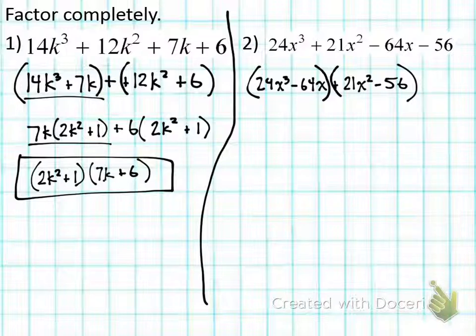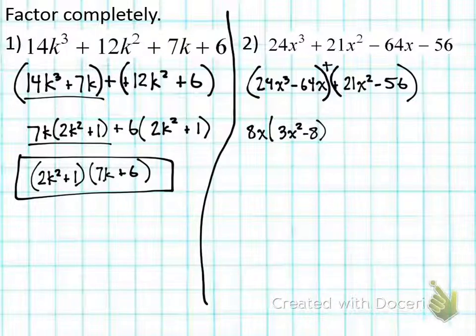And I'm going to put a plus sign in the middle here because I need that there. Okay? In the first one, I said that the common factor was 8x, right? 8x times 3x squared is equal to 24x cubed. 8x times negative 8 is equal to negative 64x.